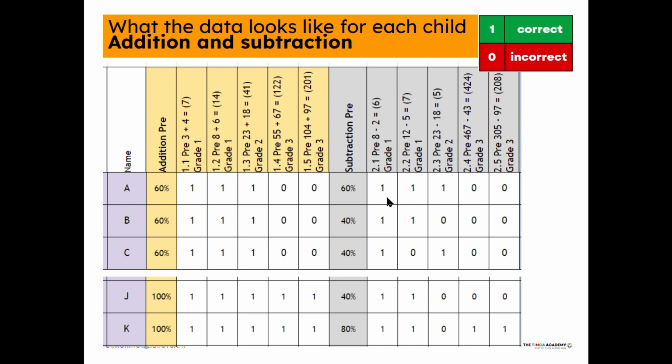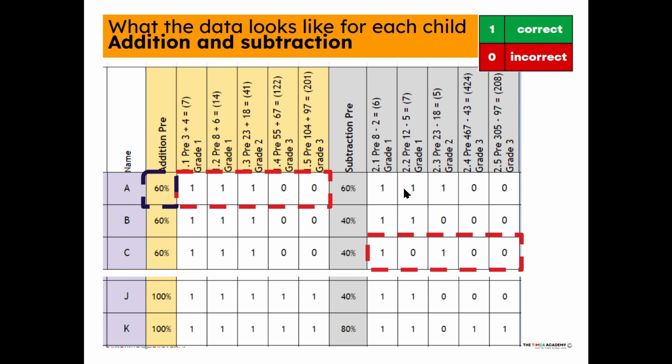For subtraction, this one's right, this one's right, this one's right, and then the last two are wrong because there's a 0 there. So for addition, this child A has got 60%. That's 3 out of 5. Okay, so that's 60% of the possible 100 for addition. And they've also got 60% for subtraction.